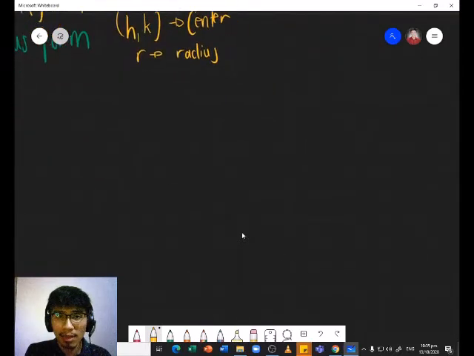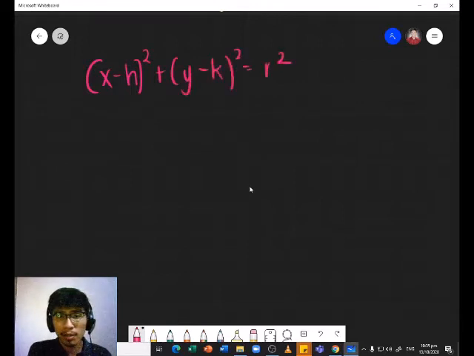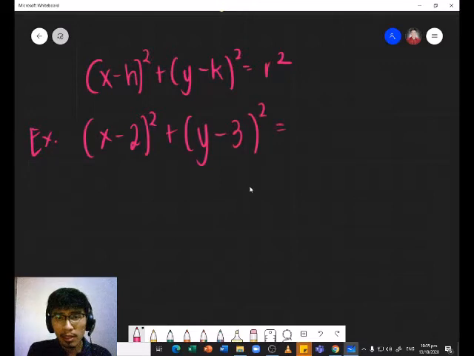So again, the center radius form of my circle is in the form x minus h squared plus y minus k squared is equal to r squared. For example number 1, if I am given this example, x minus 2 squared plus y minus 3 squared is equal to 25.